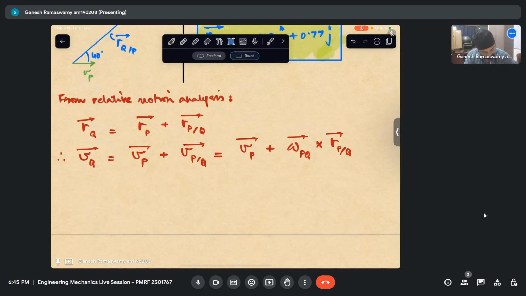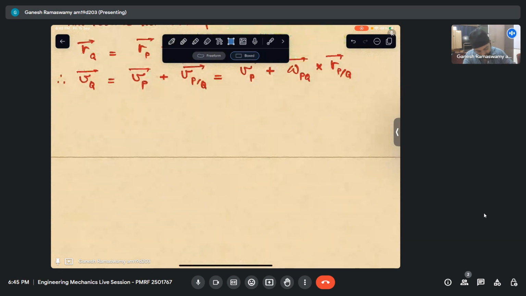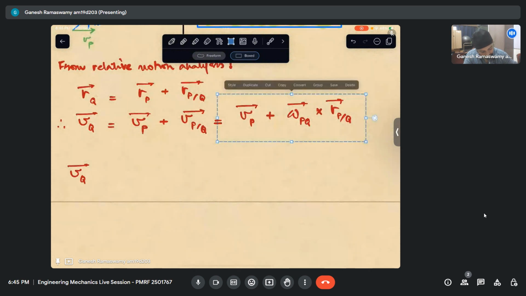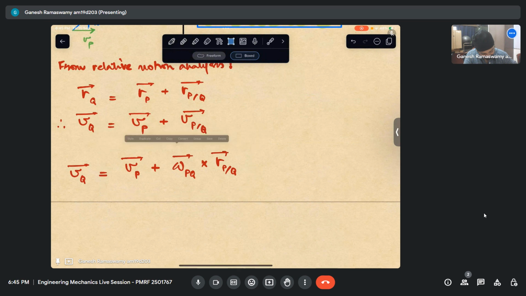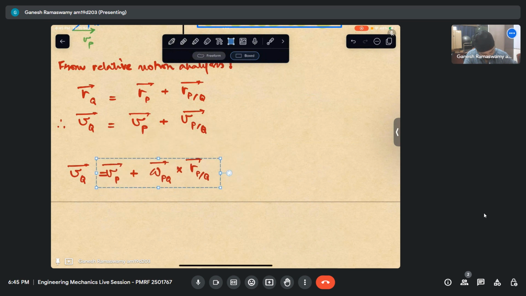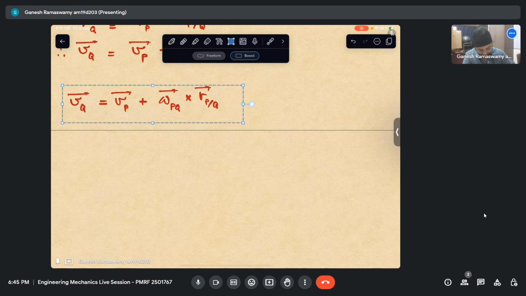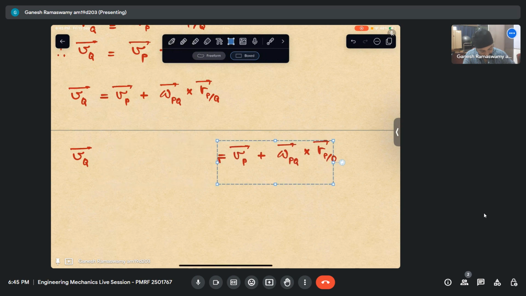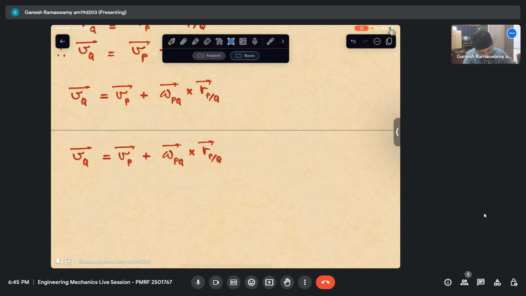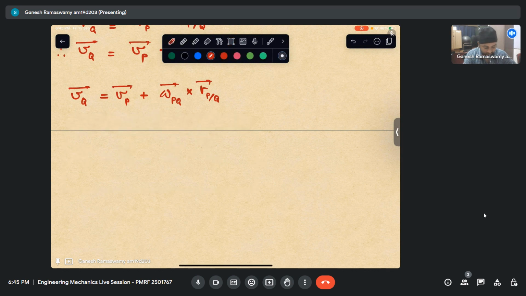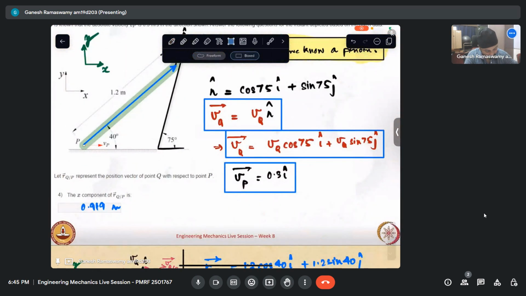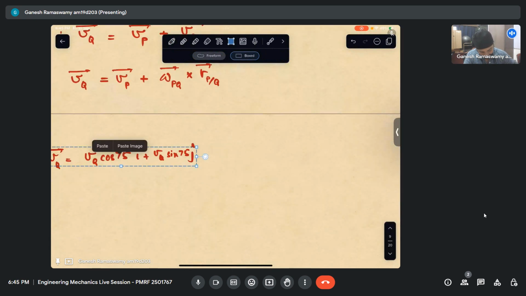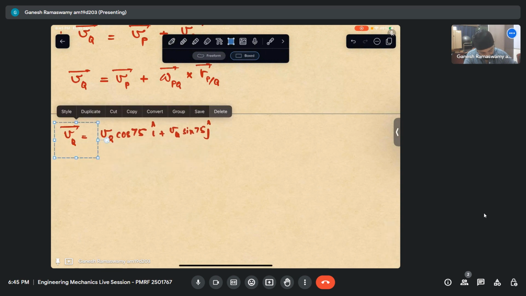So I have this V_Q is equal to this quantity. So on substituting, let me erase this. What is it that I know about V_Q? V_Q is this. Let me copy and paste it here. So this is my V_Q is equal to V_P.